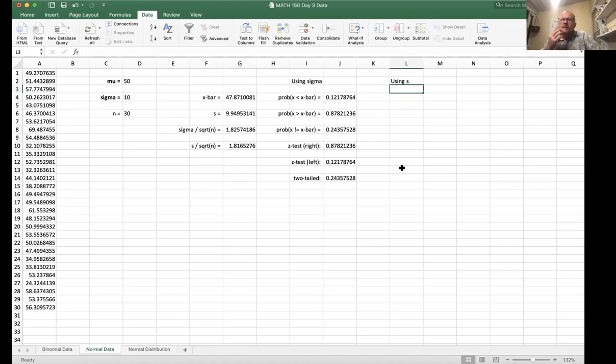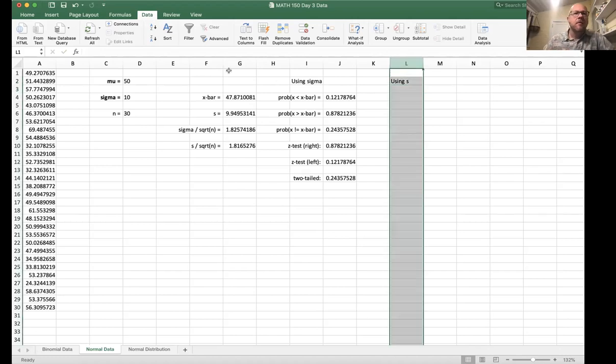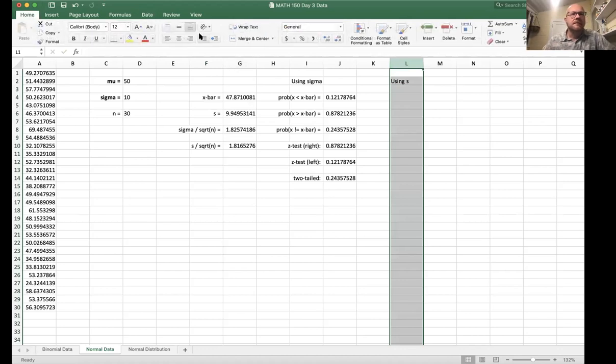The thing is that when you do these sorts of tests, you don't always know the actual value of sigma, and sometimes what you have to do is substitute S for it.